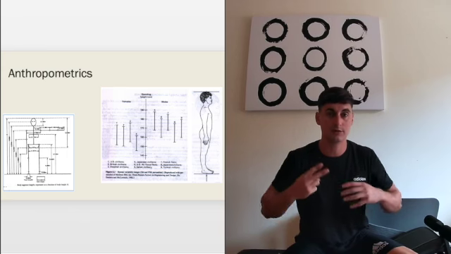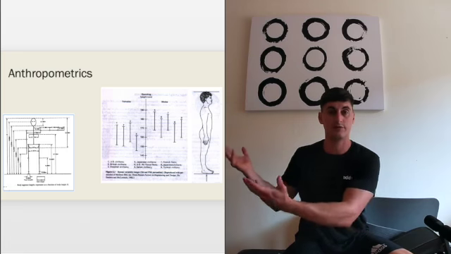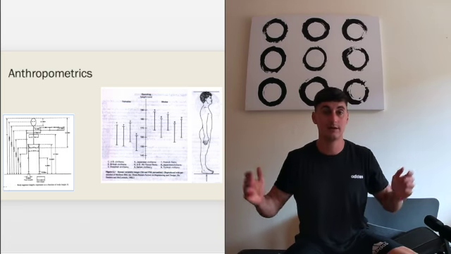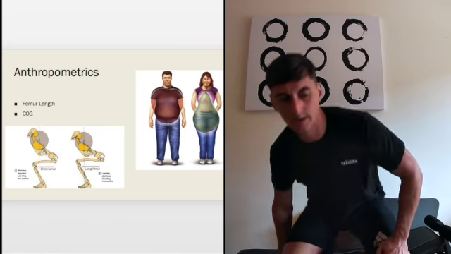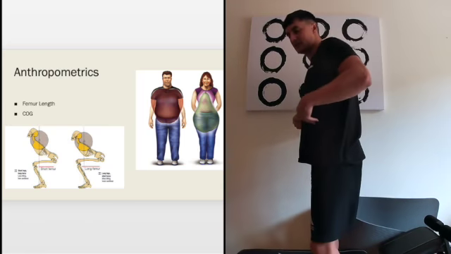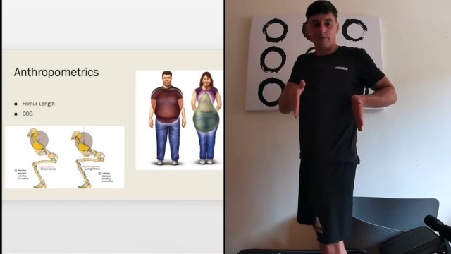Two that fall under anthropometrics that are very common and often used to represent how they would affect squat form are femur length and body weight, or where you hold your body weight. So the first thing to understand is while you're squatting, the whole time you're squatting, your center of mass has to be within your footprint.